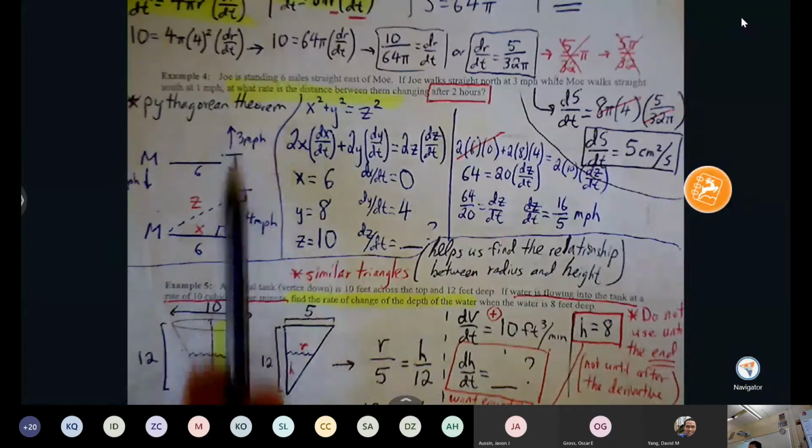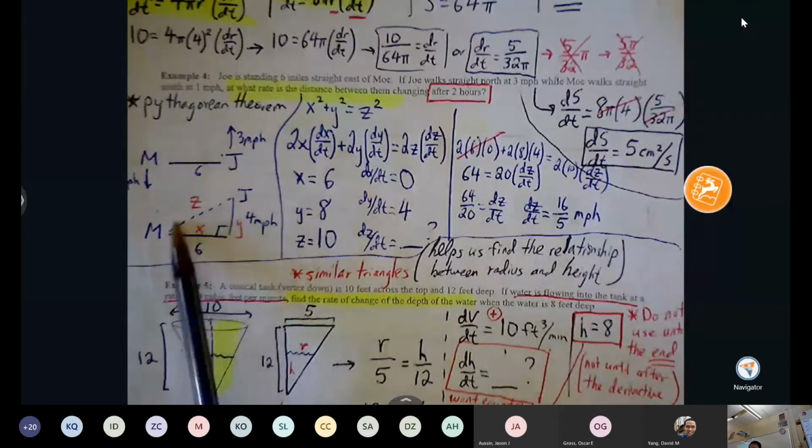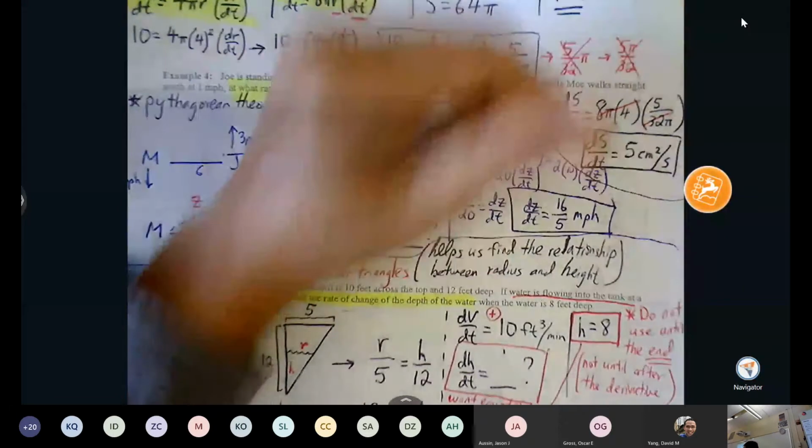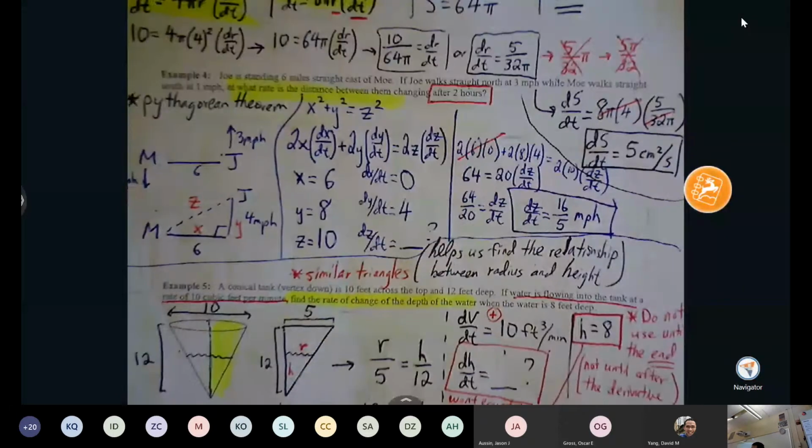Joe is walking away further and further, so that distance is going to keep growing. So a positive answer makes sense. All right, any questions here? Okay, let's go to the review.